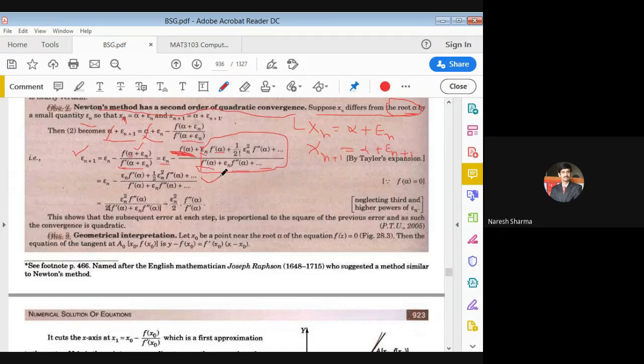Now here, if you take the LCM, after taking LCM you see epsilon n f dash alpha, which is cancelled with this first term because the minus sign goes inside, this becomes minus, this also becomes minus. In the second term, when you take the LCM here, it is epsilon n square f double dash alpha.